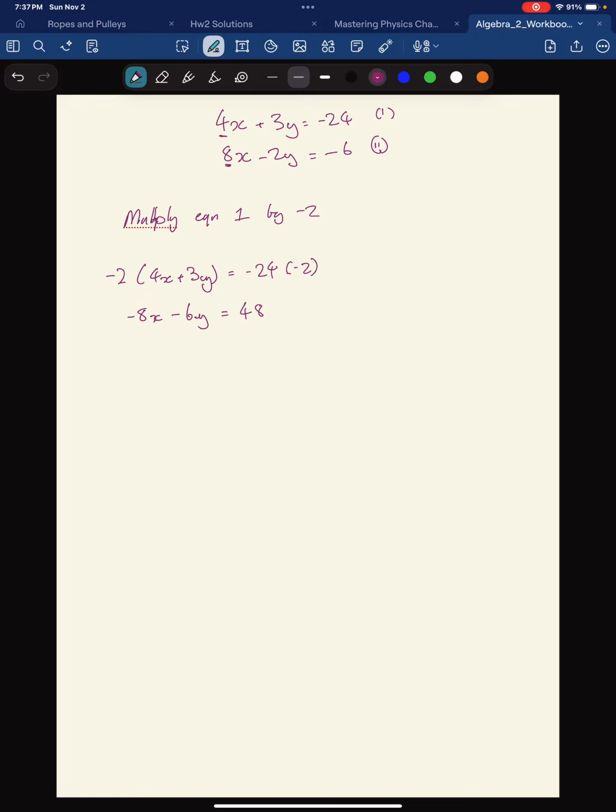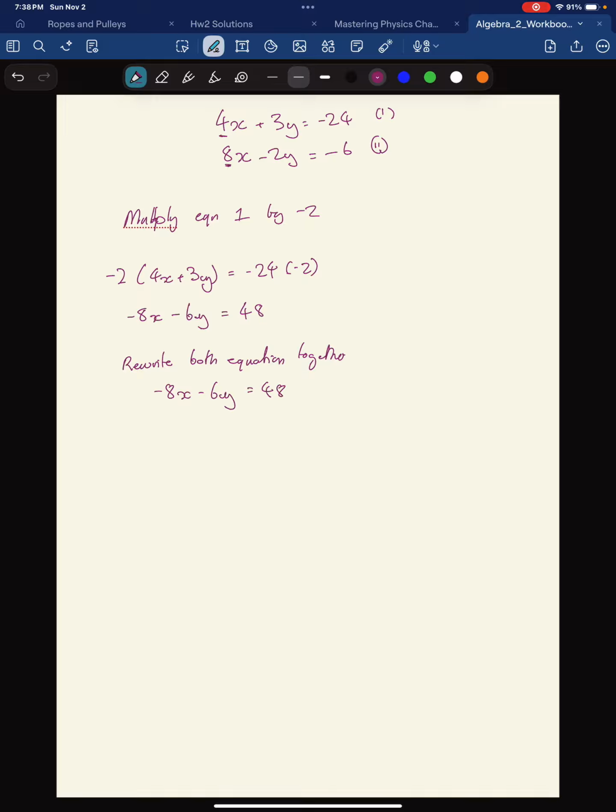All right. So I can now rewrite both equations together. I'm going to have minus 8x minus 6y equals 48. That's my equation 1.